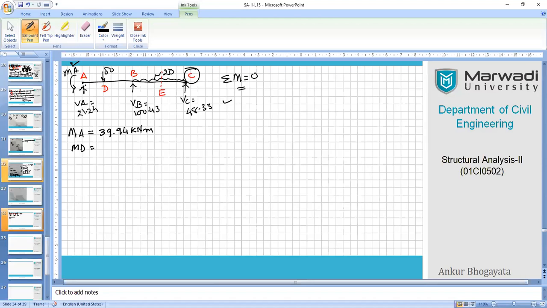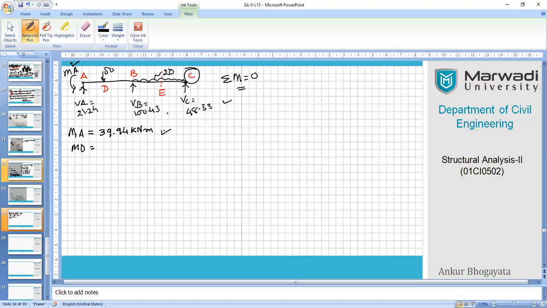If you take moment of all forces about point A, you have to include MA, or if you take moment about point C, again you have to include every force over here. There is nothing wrong to take any of the points A, B and C. You can take moment of all the forces about any of the three points. So this is how you can work out.